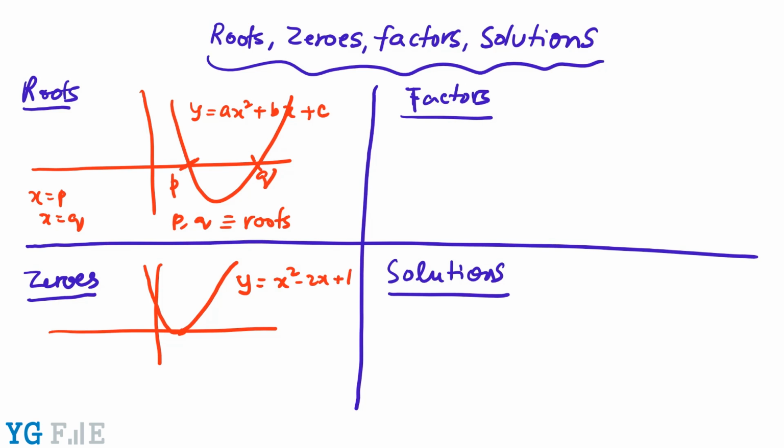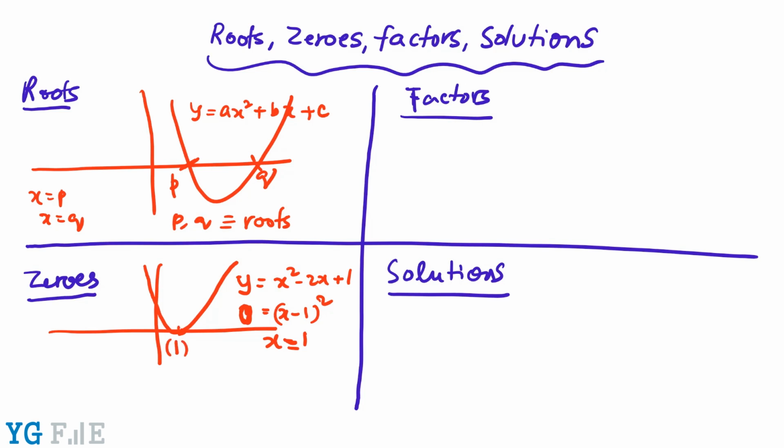When this function intersects the x-axis, we know that y will be 0. So y is 0 and we get x minus 1 whole square is 0, which means x is equal to 1 is a solution. Again, we can also call 1 a root.